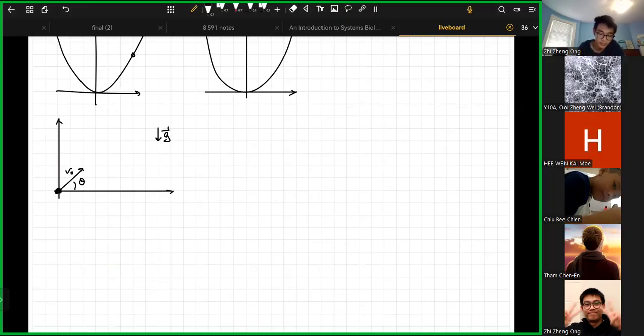If I resolve into x and y components, and I write the position as x, y, the acceleration is going to be 0, negative g, because my y is pointing downwards.